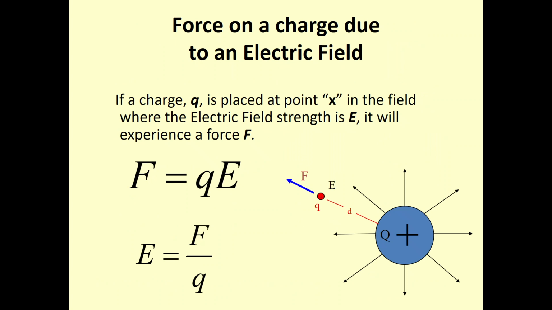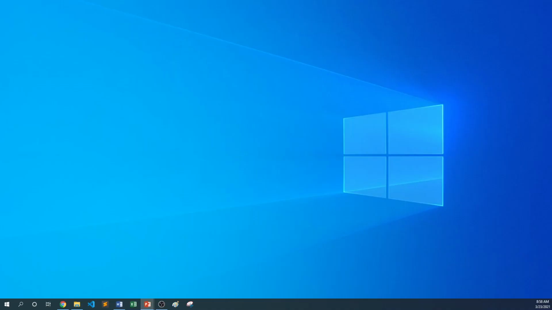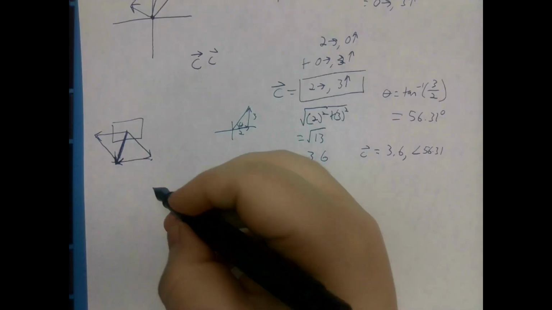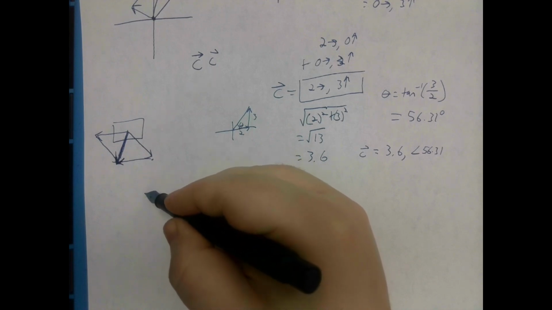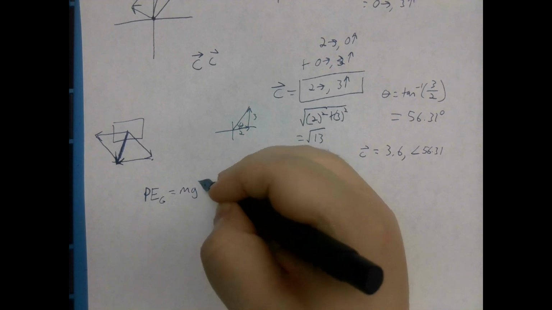I'm not going to go over electric potential energy too much. But just like with gravitational potential energy, you should remember that gravitational potential energy is equal to mgh.